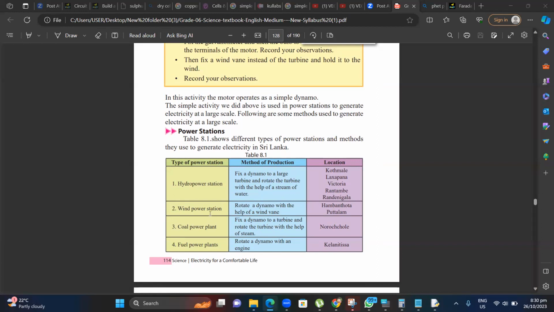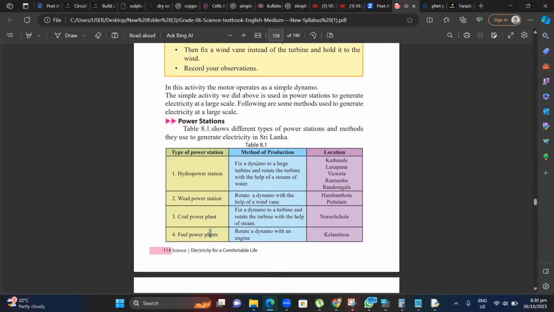And wind power stations are there in Hambantota and Puttalam. Coal power is basically again an engine, where the rotation is done using an engine. Then fuel power. So in all of these, you fix a dynamo and a large turbine, and rotate the turbine.